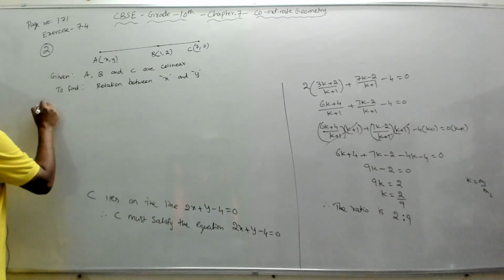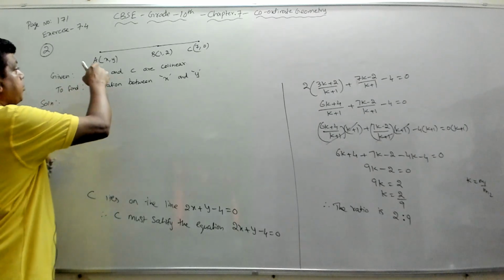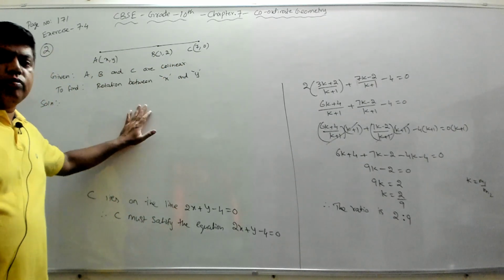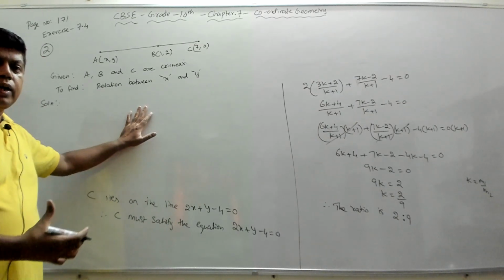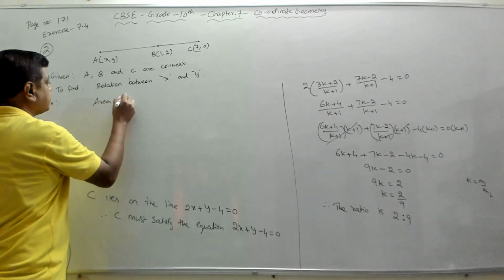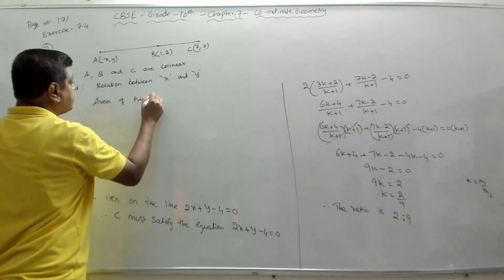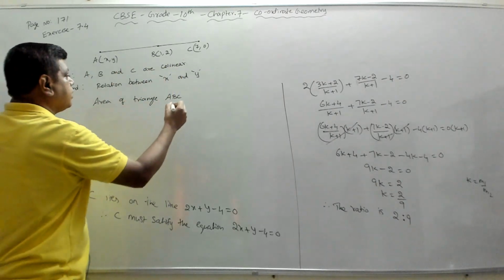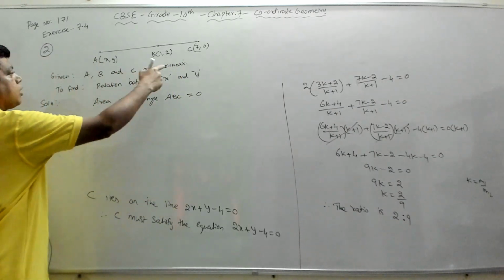So the solution is, since the points are collinear, we know that the area of the triangle is 0. The points are collinear, so the area of triangle ABC is 0, because a triangle cannot be formed when they are collinear.